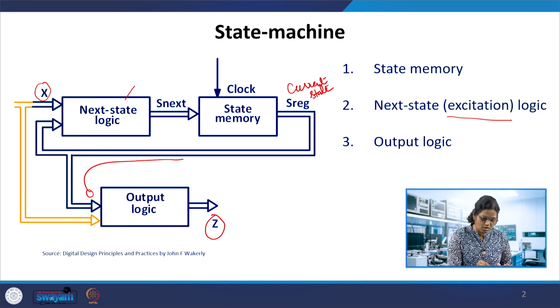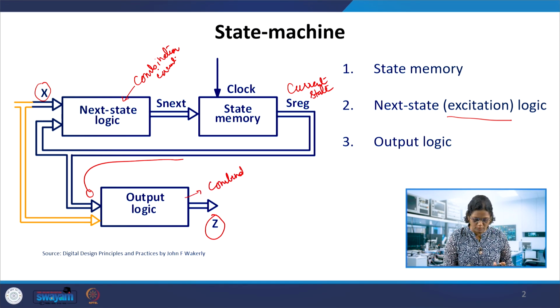This is a combinational circuit. Similarly, the output logic is also a combinational logic circuit. If the current state decides the output, then we call it a Moore state machine.